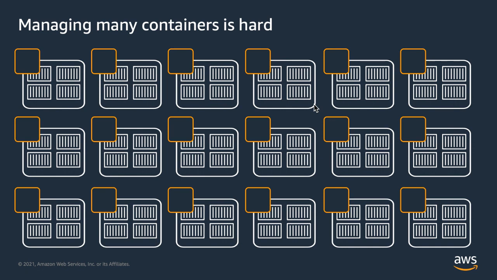Think about running Amazon.com, or any large website in the UK itself, say Sky News or whatever it is. To run that, it will require hundreds of containers running behind it to power it. But how do you manage that part?